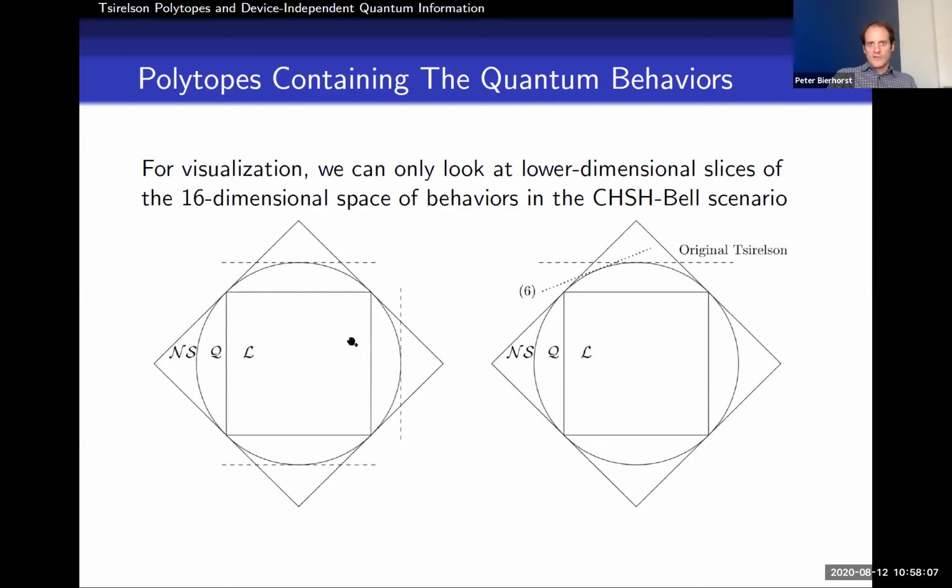And it looks something like this. One particular slice of this 16-dimensional set is going to have a sort of circular shape corresponding to quantum behaviors. And the quantum behaviors contain strictly these local deterministic behaviors.